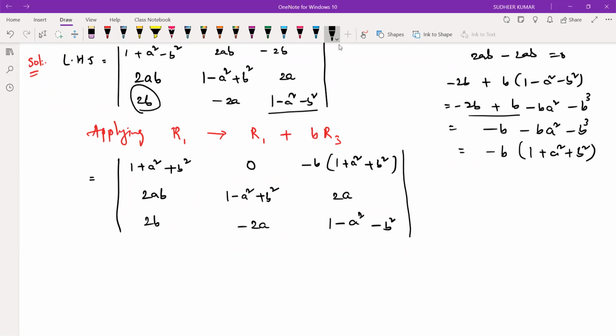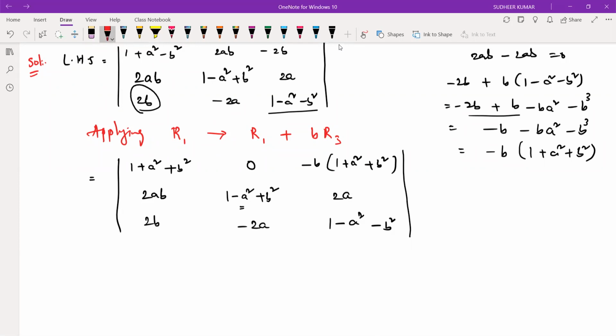So here also same, if it is minus B square, 2B, we multiply it by B. Now it is minus A square, minus 2A, so we should multiply this row by B and add to R2. This is multiplied by A, not B. So we can make it as 1 plus A square plus B square.